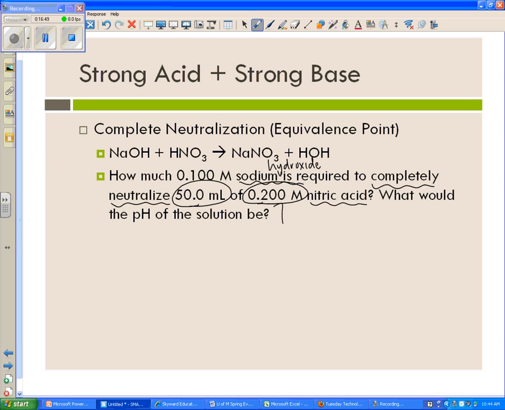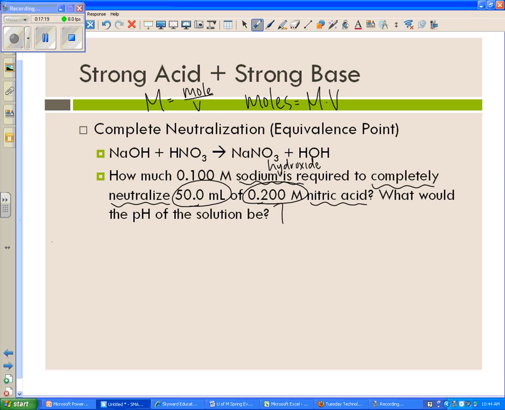So we need to find moles of acid. If I know volume and molarity, how do I find moles? What's the equation? Molarity is equal to moles per volume in liters. So how do I find moles? Molarity times volume.